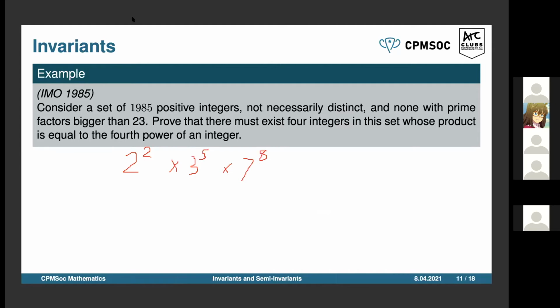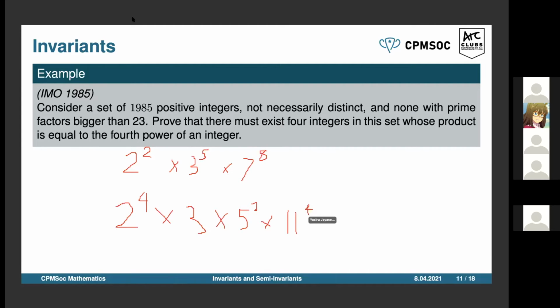And the second number, let's say, is 2 to the 4 times 3 times 5 squared times 11 to the 4.